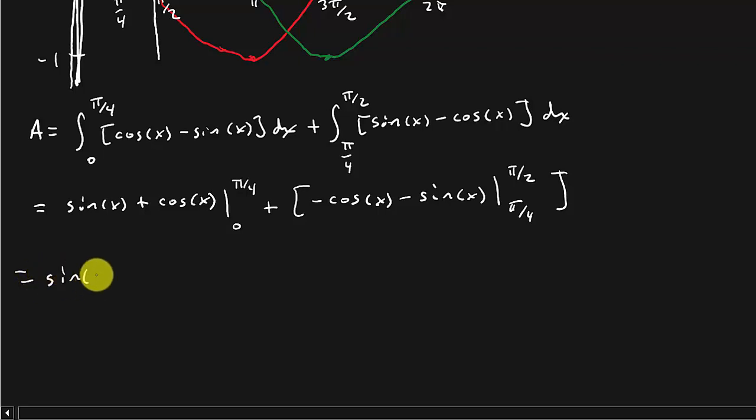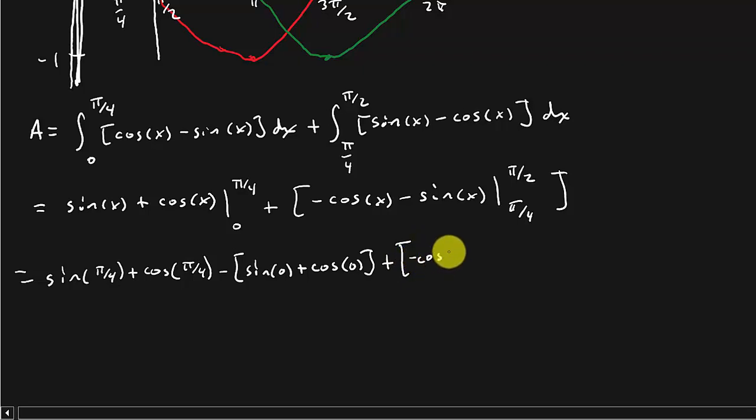And so that's going to give us sine of pi over 4 plus cosine pi over 4 minus sine 0 plus cosine 0, plus negative cosine pi over 2 minus sine pi over 2 minus negative cosine pi over 4 minus sine pi over 4.